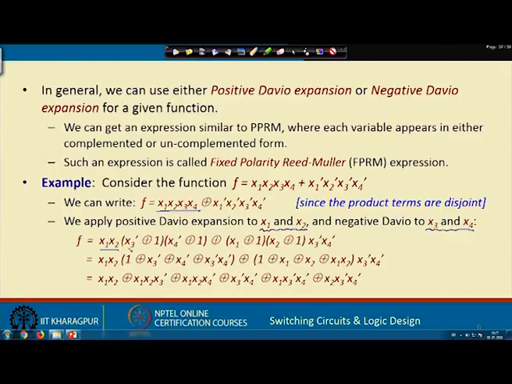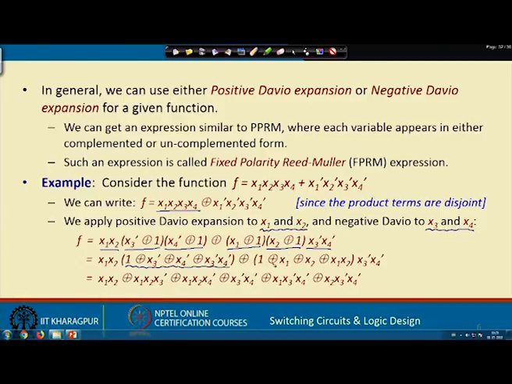So, x3 we replace by this, we bring in a bar, and x4 we do this, we bring in a bar, x4 bar. Similarly, for the other side, x3 bar, x4 bar are already bar, so we leave them as it is, but x1 we make uncomplemented, x2 we make uncomplemented. Then using the distributive law, we go on multiplying x3 plus this and this, if you multiply you get this.